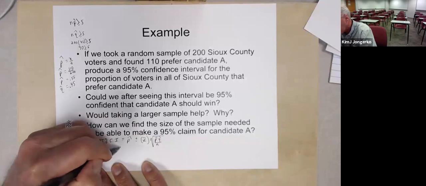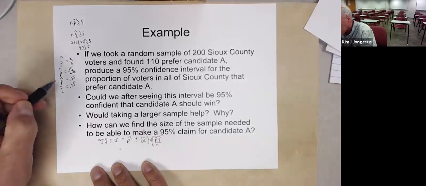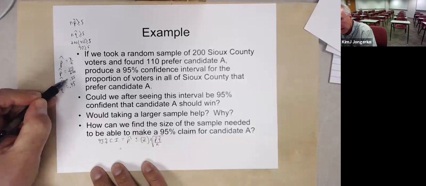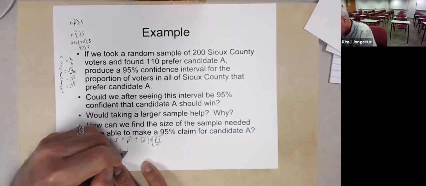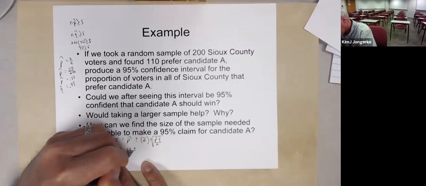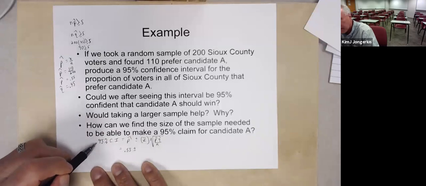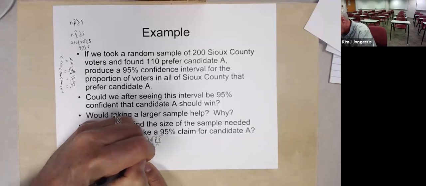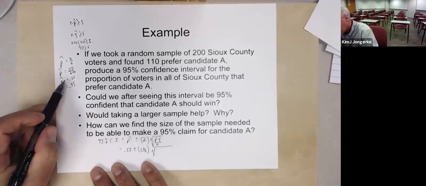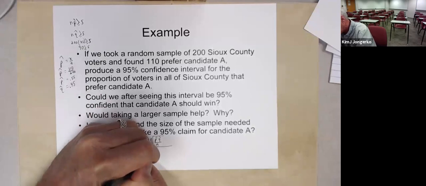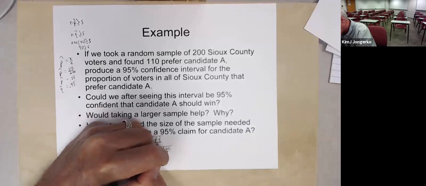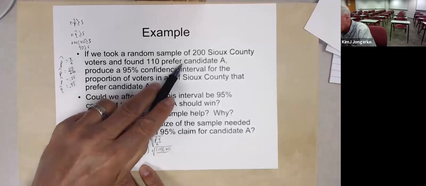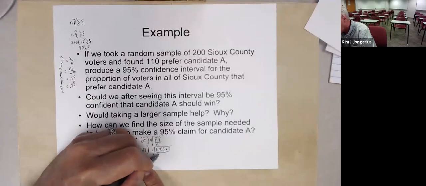So plugging in my numbers, p hat is going to be from up here 0.55 plus or minus my z-score for 95%, that was 1.96. P hat is 0.55, q hat 0.45, all divided by sample size, which was 200.